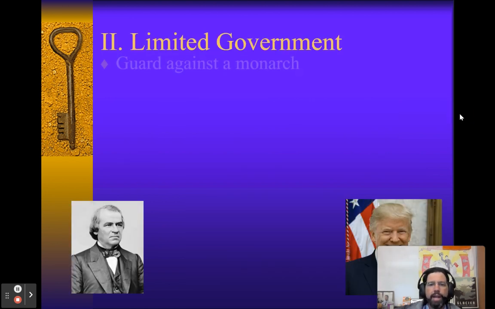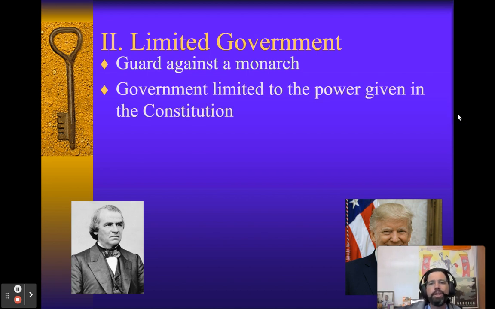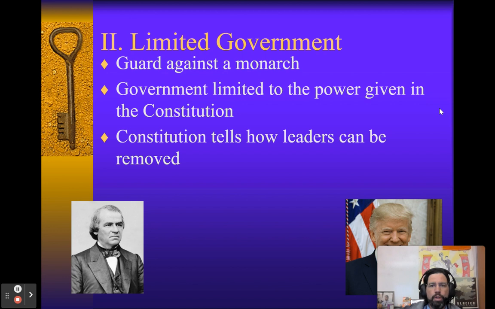Number two, the idea of limited government. The whole point of the American Revolution was to guard against a monarch. Fine, we got that. So the government needs to limit the power that's actually given to the government and especially the chief executive, the president, within the Constitution of the United States.